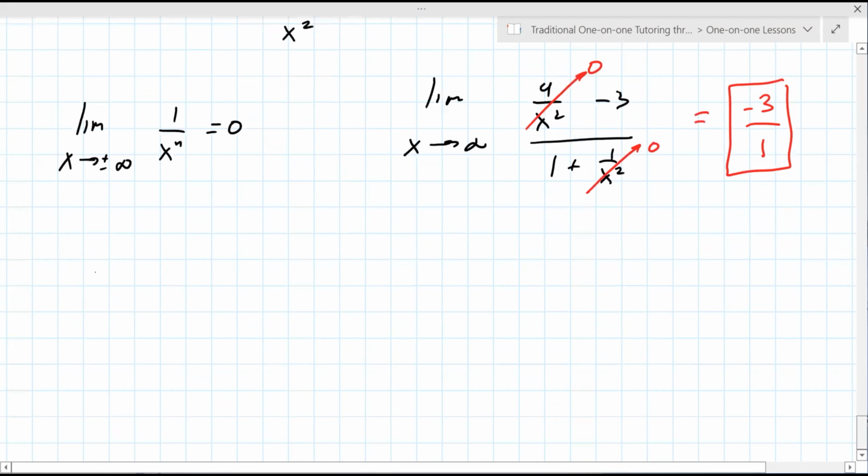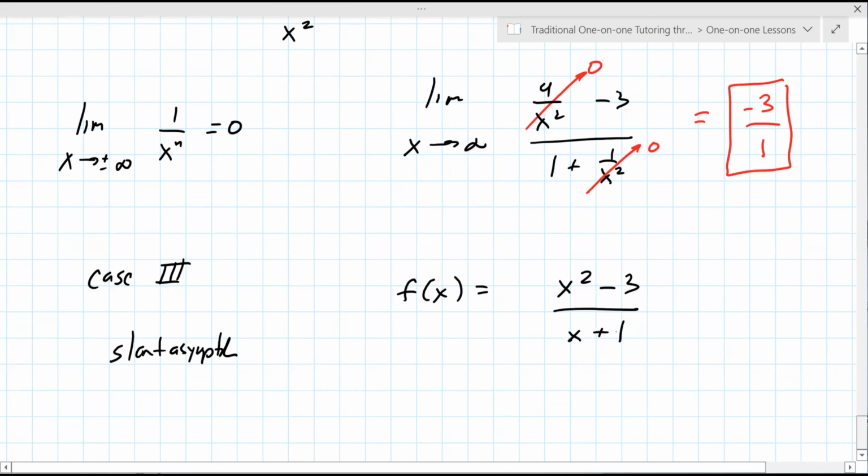So case number 3 is the slant asymptotes. If you recall those, an example would be something like x squared minus 3 over x plus 1. So the degree of your numerator is greater than the degree of your denominator. In pre-calculus, you ended up having to use polynomial division to divide, but you do not have to do that here.